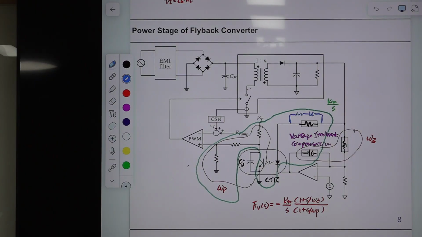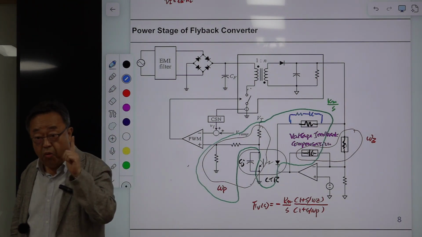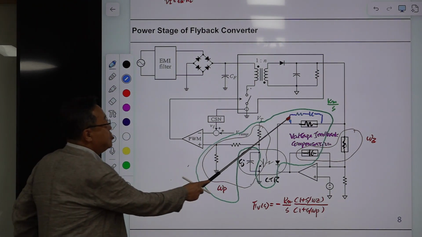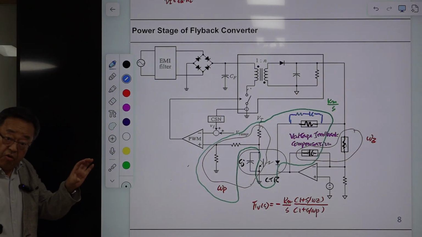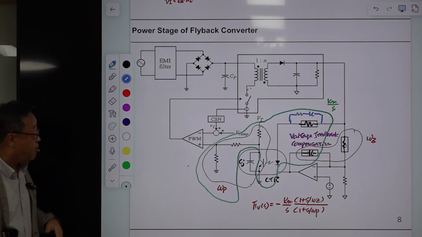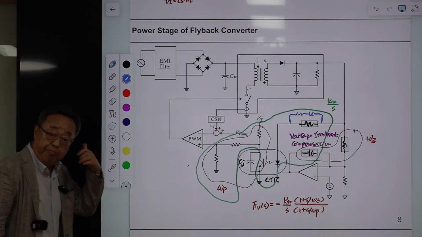in parallel with this, then you will create an additional pole and zero, a pair of pole and zero, and the combination of this and this will generate a second zero, and the combination of these 3 components will generate the second pole.